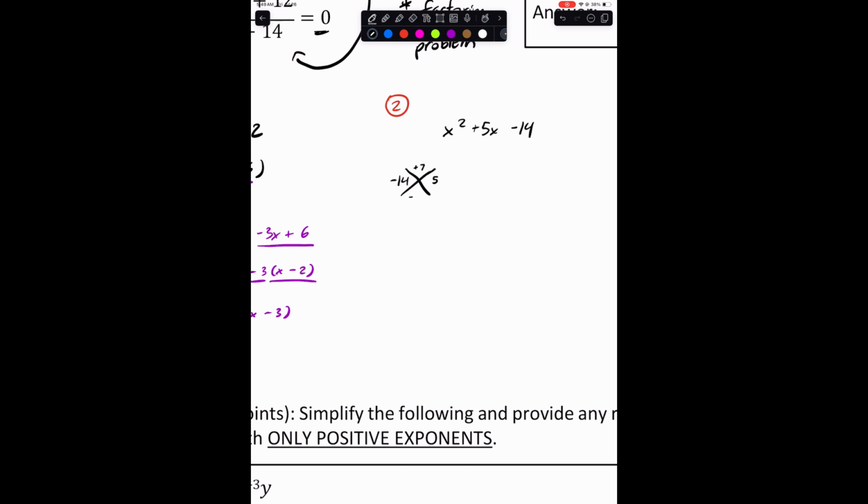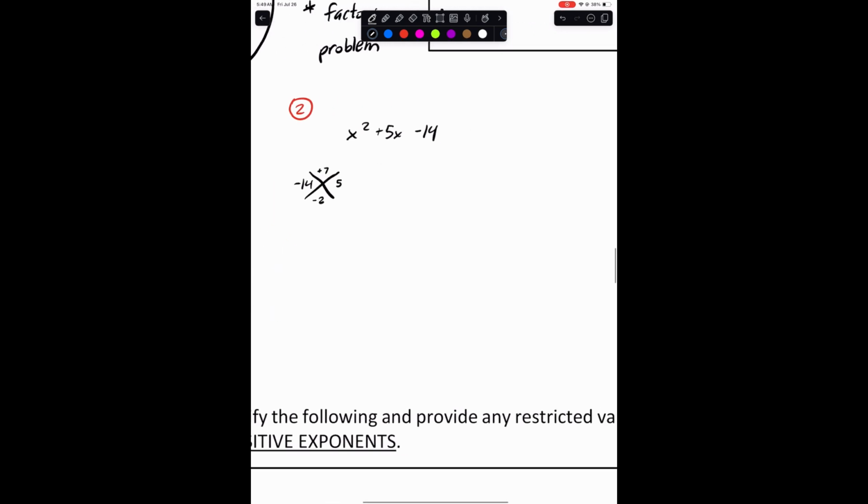That means I can rewrite this as x squared minus 2x plus 7x minus 14. Left side, take an x minus 2. Right side, take out a positive 7, x minus 2. Common factor, take that out, and you're left with x plus 7.